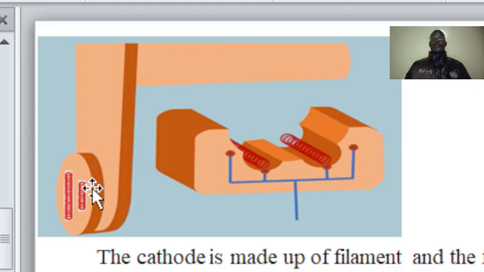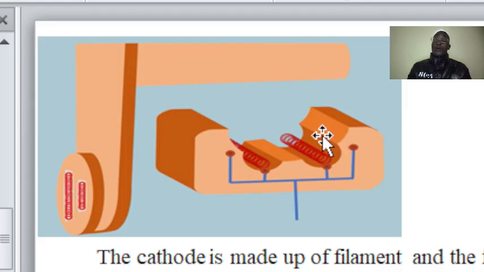It also has a high melting point that gives it the capability to withstand its integrity even upon heating. We have different types of material that can be used, but tungsten is preferred in this case because of the qualities that I've just mentioned.